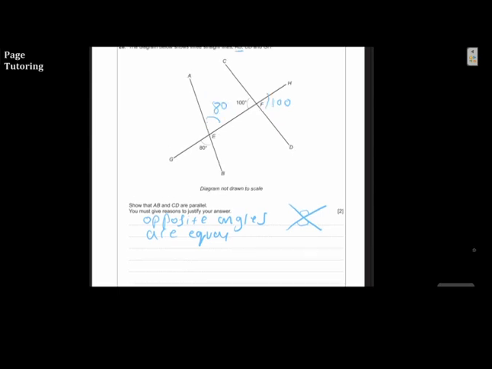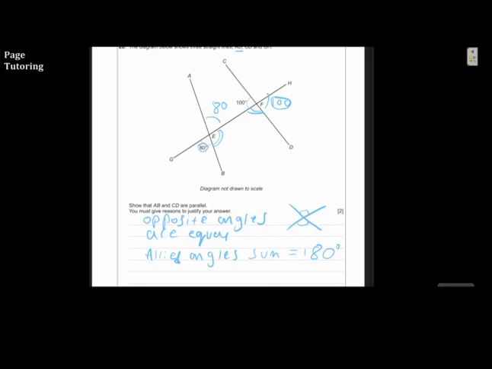We also know that allied angles add or sum to make 180. So in this case, an allied co-interior angle would be this 80 degrees here, and this angle, and this 100 degrees here, and this angle.